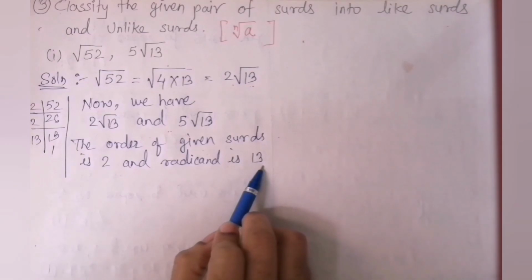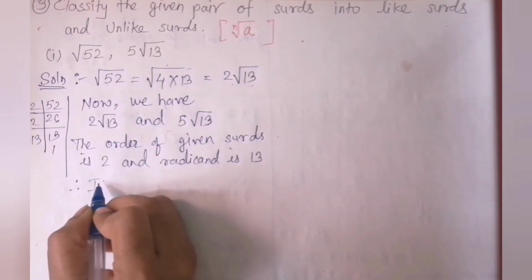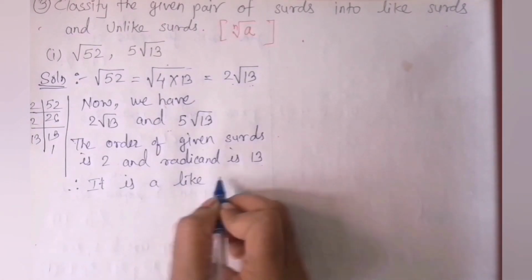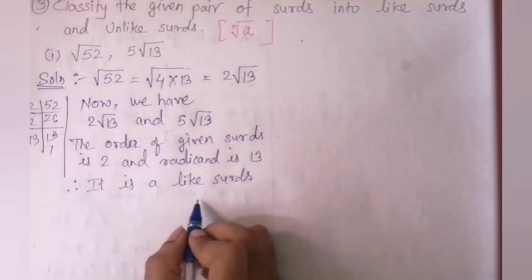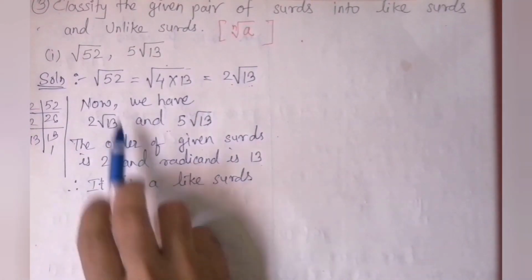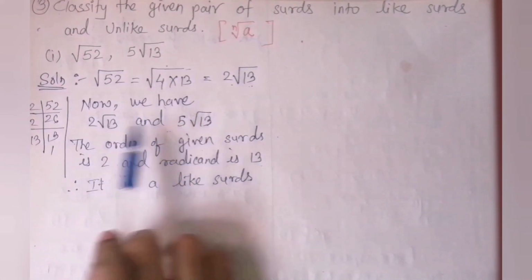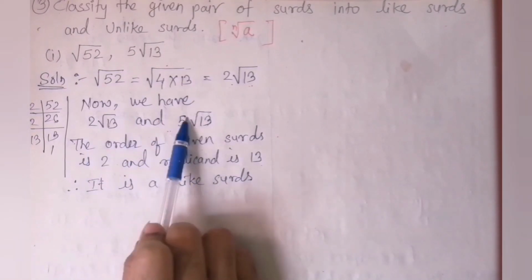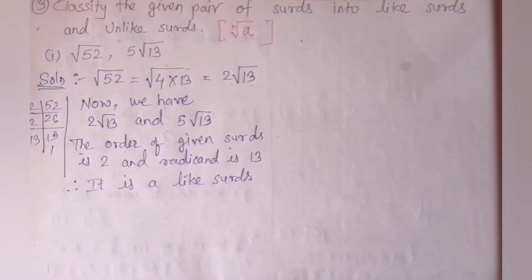Therefore it is a like surd. Write down here, therefore it is a like surd. Clear students? How to find out the like surd? So simple. First, students, factorize, and after factorizing compare these two surds and observe the radicand and their order. If they are the same, then the final answer is that this is a like surd. In this way we solve the first question.